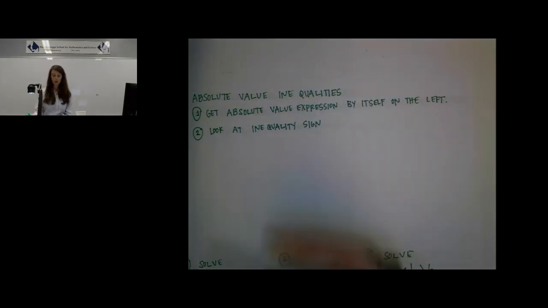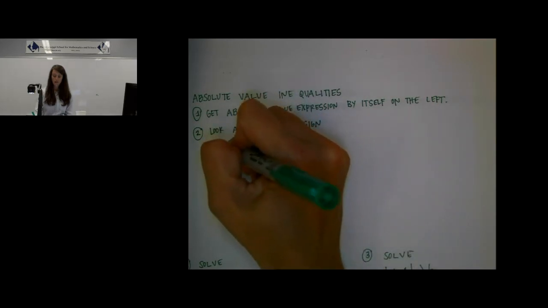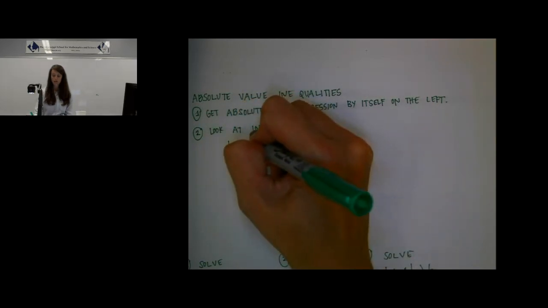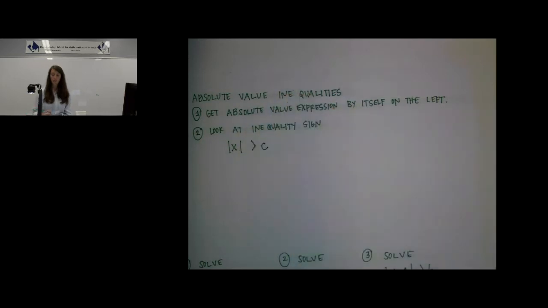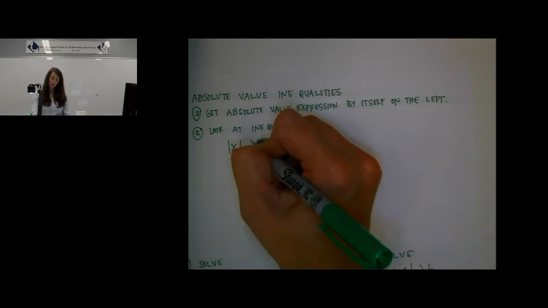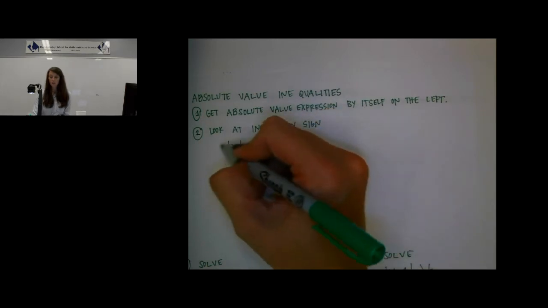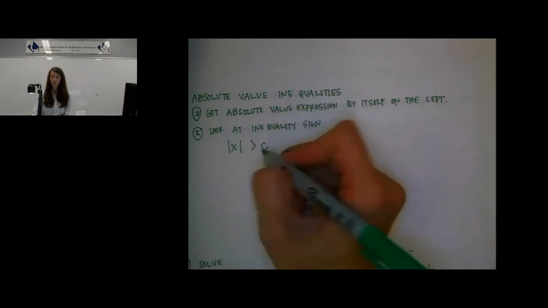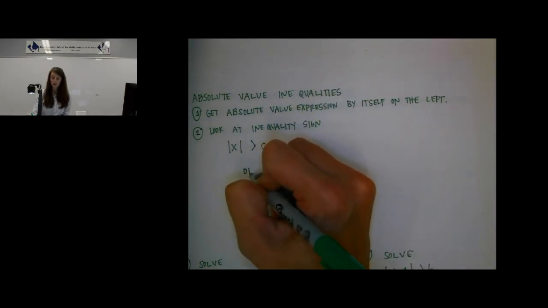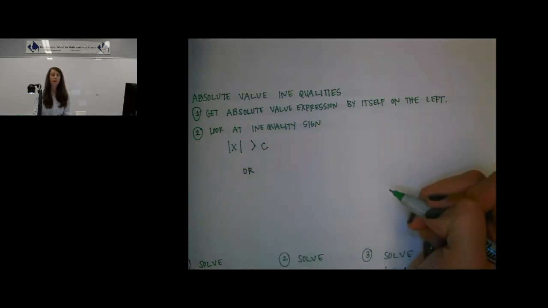So if you have absolute value of x is greater than some number c, I'm just making this up here. So if you had the greater than, greater than means I'm going to remove my absolute value. Greater means I am going to have an or inequality.